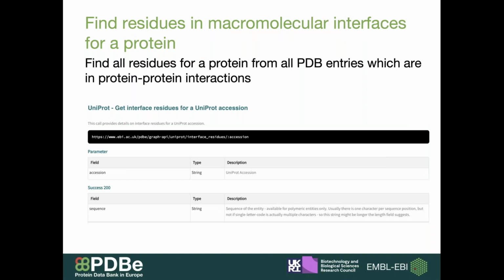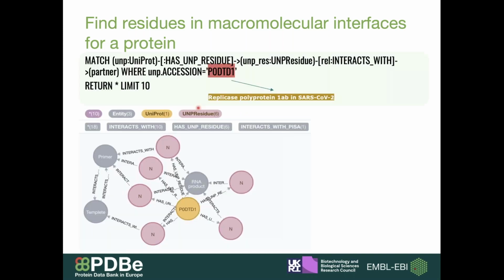And another example is to fetch all residues of a protein from all PDBe entries which take part in protein-protein interactions. This API call can be used to get the data. This is a Cypher query which is used in the API to fetch the relevant data.